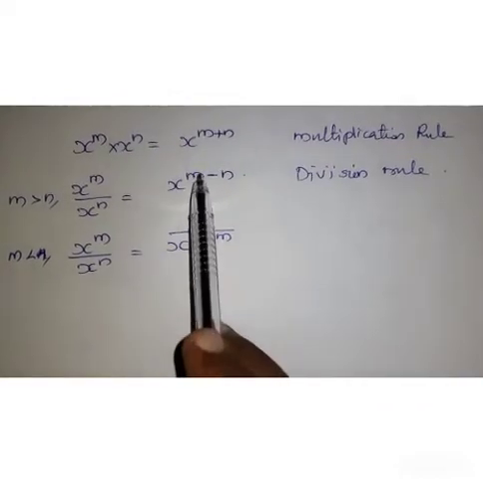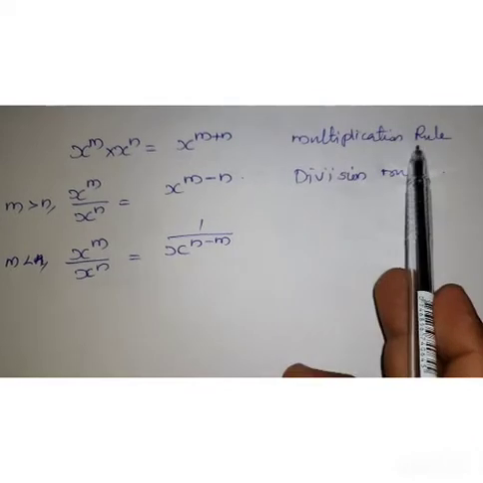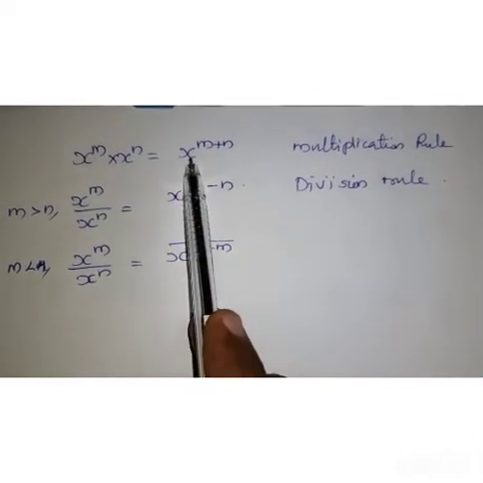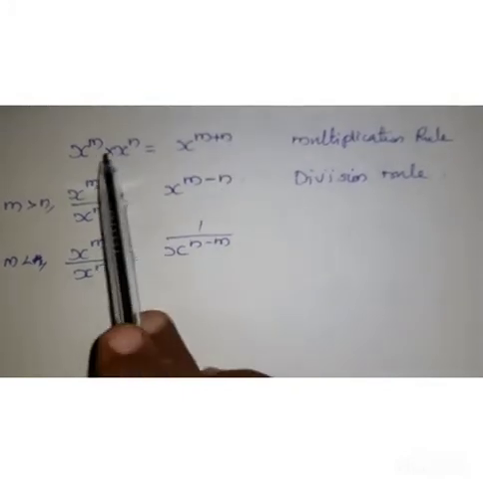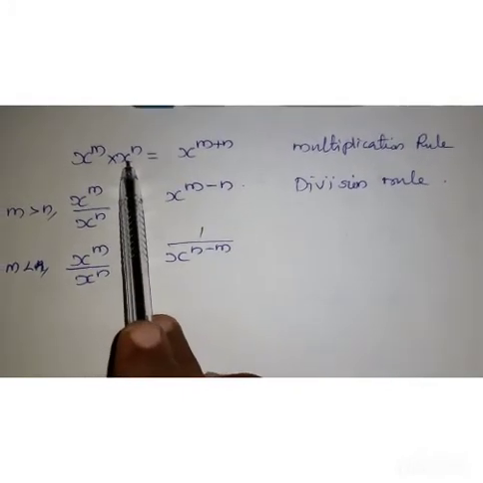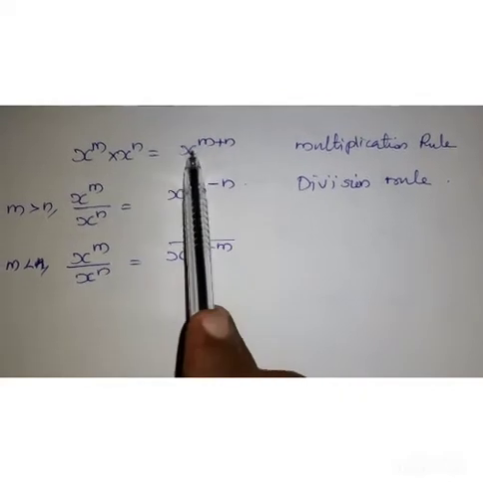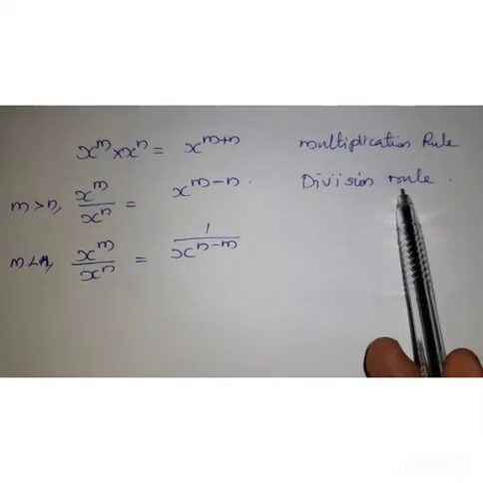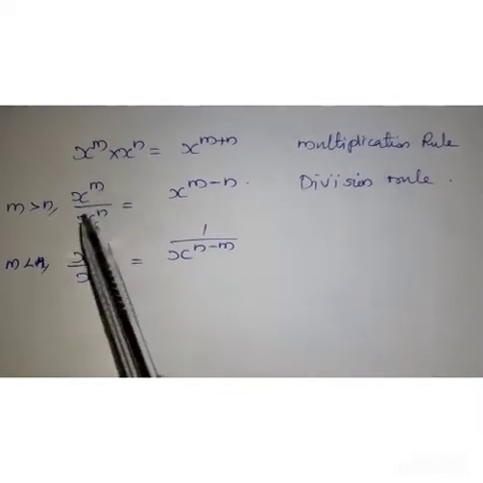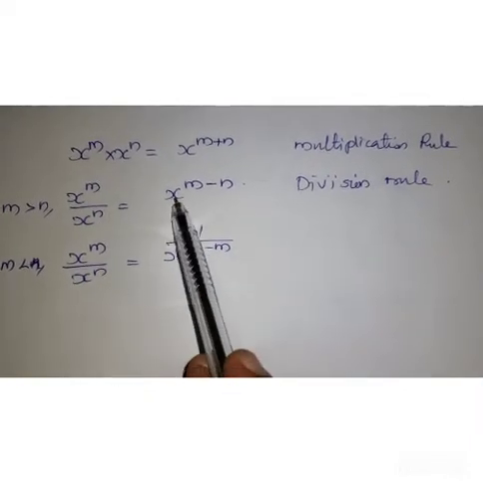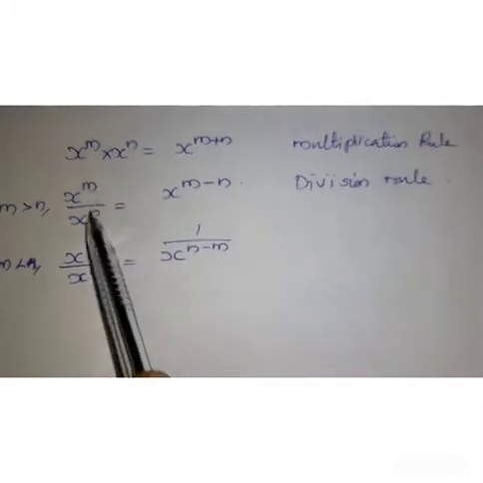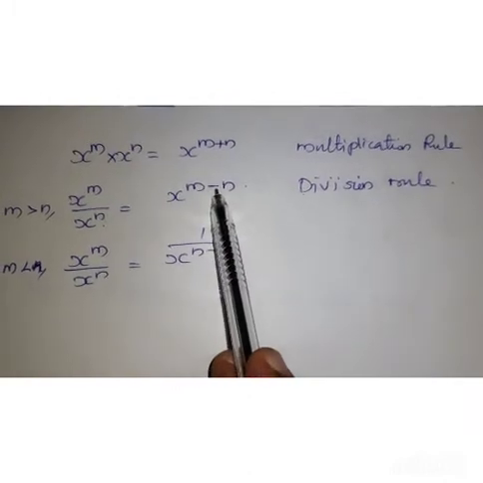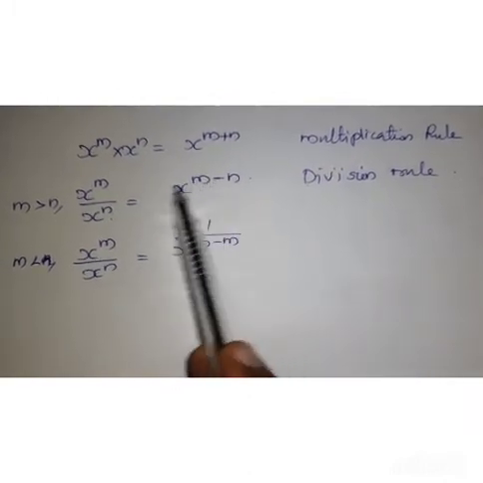So we studied 3 equations. The first is the multiplication rule: x raised to m into x raised to n is equal to x raised to m plus n. If two powers of numbers are multiplied, instead of multiplication, the powers are added. The second one is the division rule: x raised to m by x raised to n is equal to x raised to m minus n. If the powers of numbers are divided, take the subtraction of the powers.